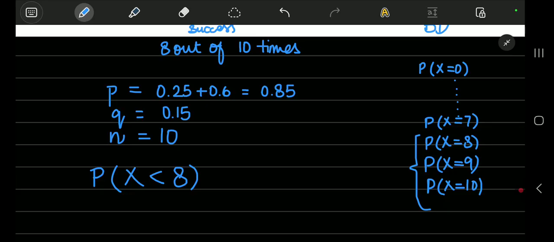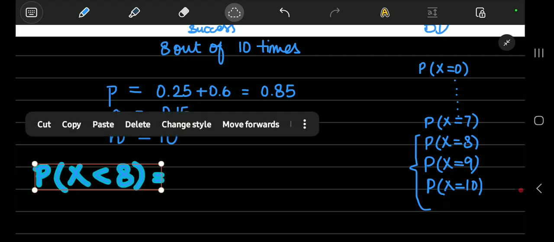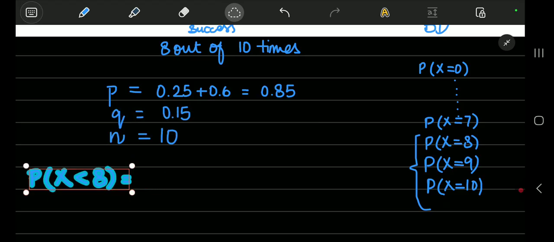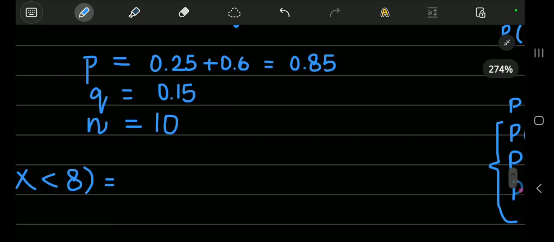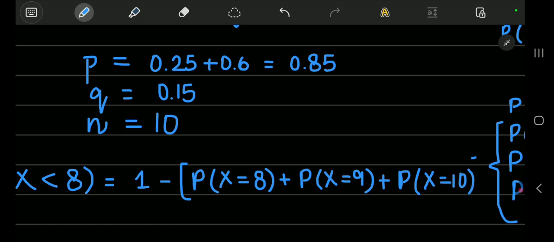So probability of x less than 8 will be equal to 1 minus the probability of x equals 8 plus probability of x equals 9 plus probability of x equals 10.